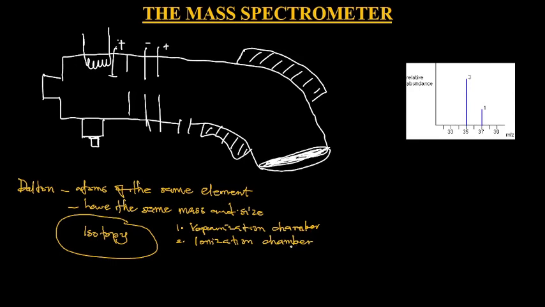Then it has an electric field. And then number four, it has what is known as a magnetic field. Then number five, it has the detector. So vaporization chamber, ionization chamber, electric field, magnetic field, and then the detector. So let's look at how it works.